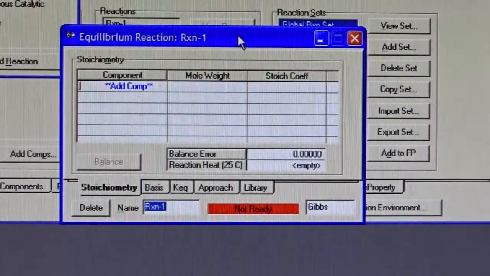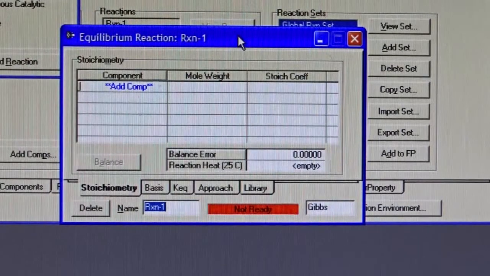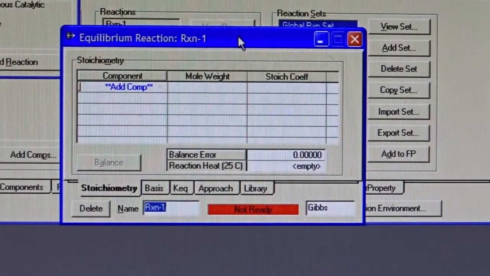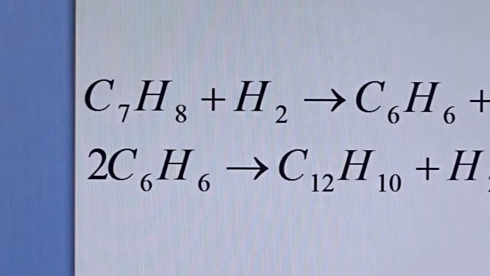And notice now, what do I have to fill in? We have to fill in the stoichiometry of the reaction. Any reaction can be written as reactants go to products. And the convention is reactants have negative stoichiometric coefficients, while products have positive stoichiometric coefficients. I need to add those two reactions.